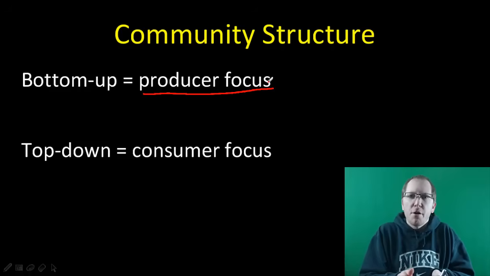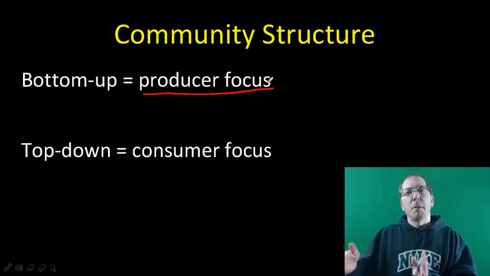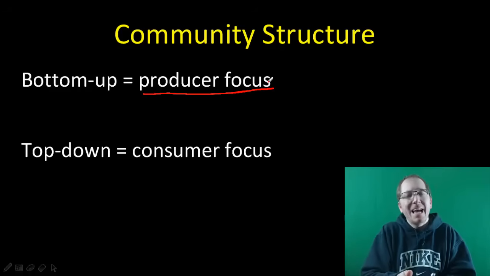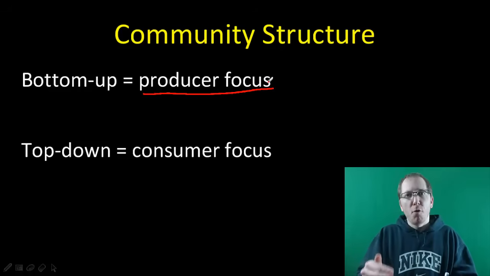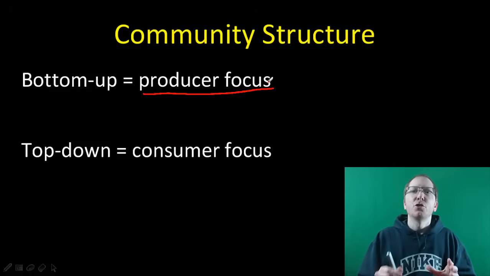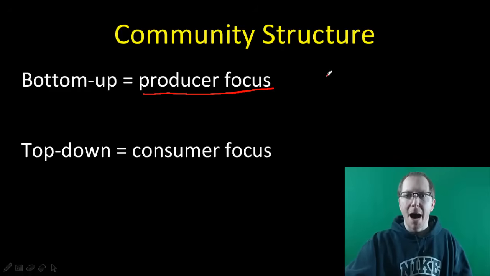So if I know who's there, if I know what the food available is, I can kind of figure out what other guys might live there, because I know who might eat that type of food, that's the producer. I know ultimately who might eat that guy, the herbivore that's eating the producer, and so I can try to build things based upon the first guys, based upon the bottom of that food pyramid we talked about. So I'm starting here and working my way up. So the food essentially determines who's there to eat it.